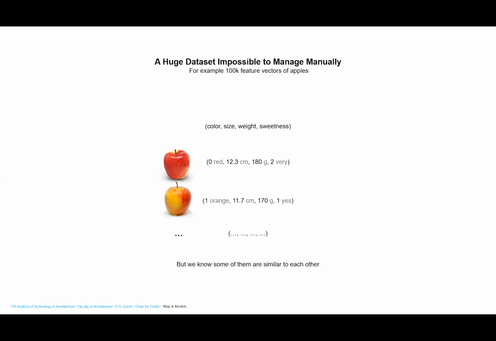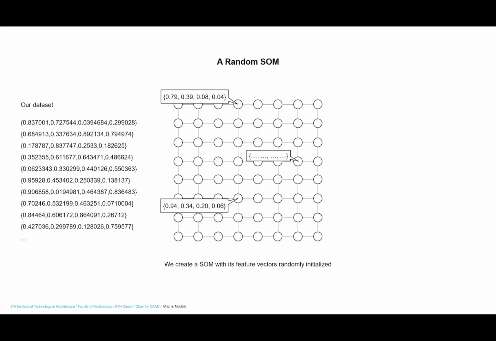And then the training of the SOM is actually the automated mechanism that does this clustering or grouping automatically. How we do that is, at the beginning, we create a SOM with randomly initialized feature vectors.